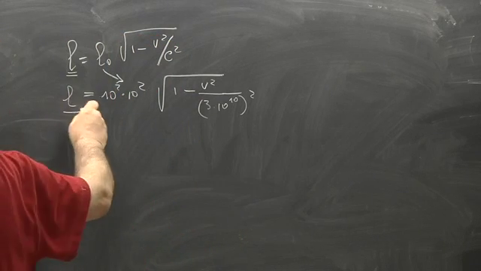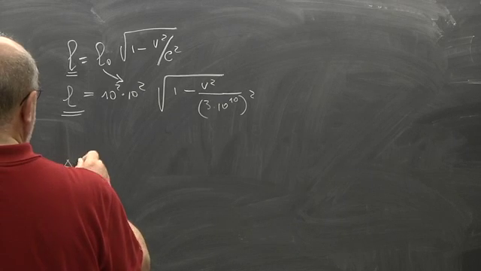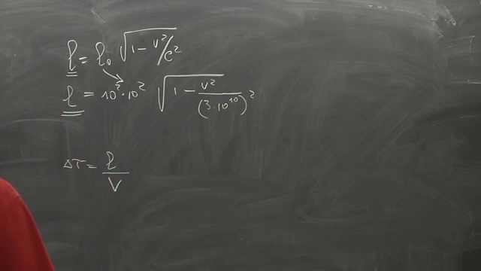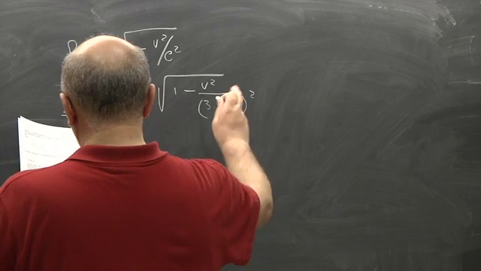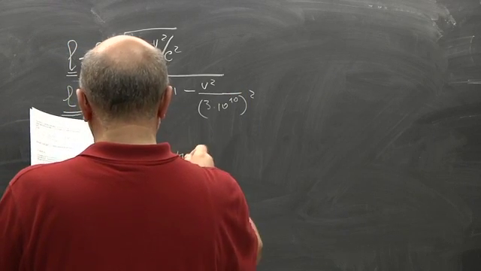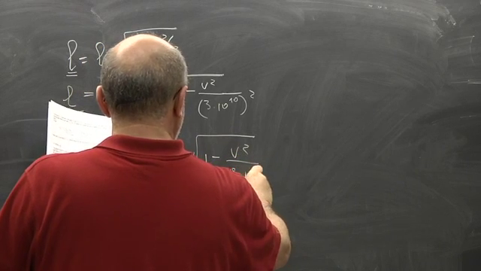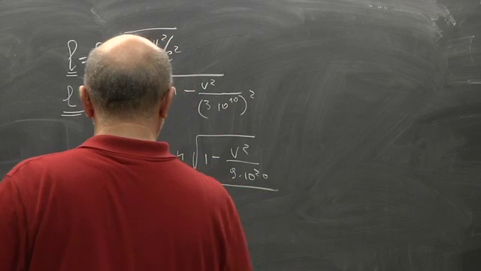This is the length he would measure, but he does not measure a length, he measures time. So the time he measures, delta t, will be L over the velocity at which the spaceship moves. So let's put 10 to the 4th times the square root of 1 minus v squared over 9 times 10 to the 20, divided by v.